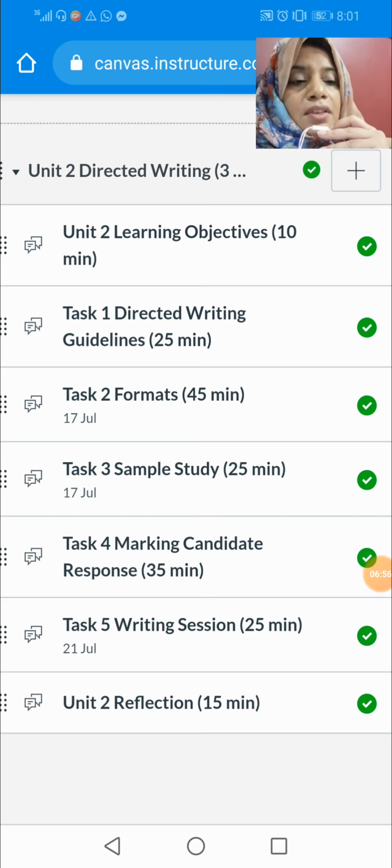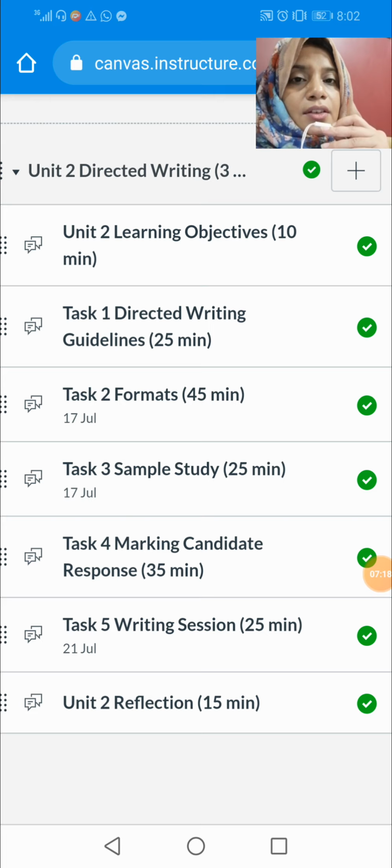The first one, that is for task fulfillment, has 5 bands, and to attain the maximum band of 13 to 15 marks, the script should show clear awareness and understanding of the purpose, of the situation, and of the audience.